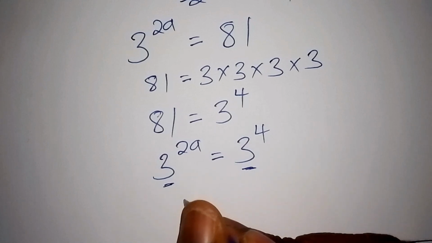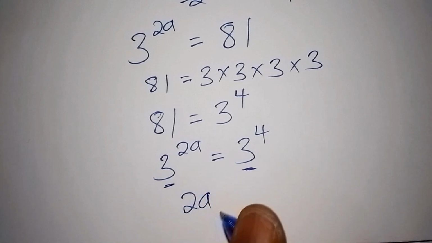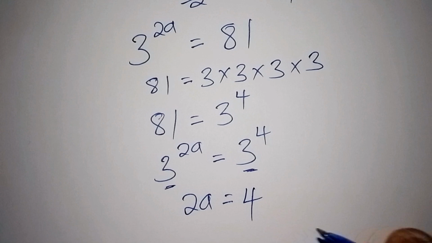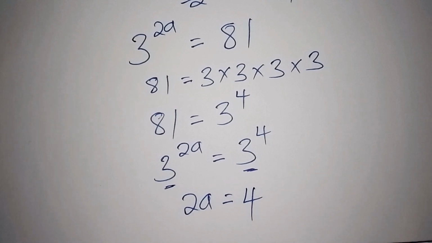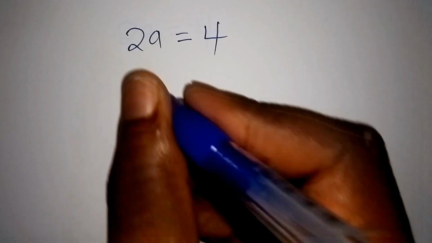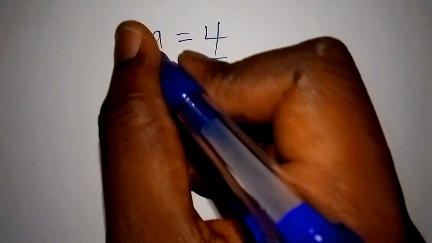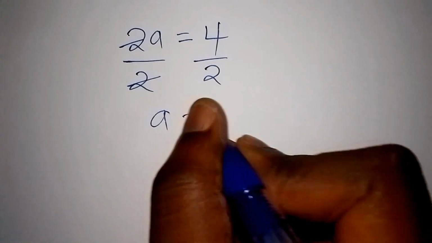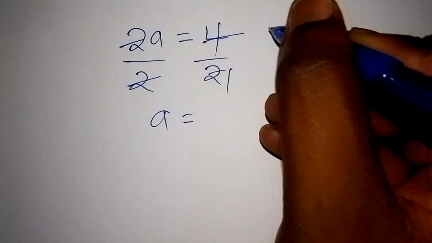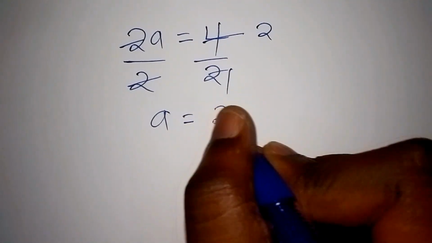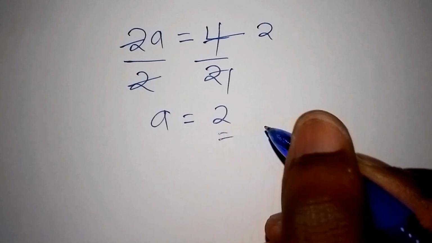So now we shall have 2a is equal to 4. From here we shall be able to work out the value of a. We shall divide both sides by 2, so that 2 by 2 cancels. Our value for a is equal to 4 divided by 2, which is 2. So our value for a is equal to 2.